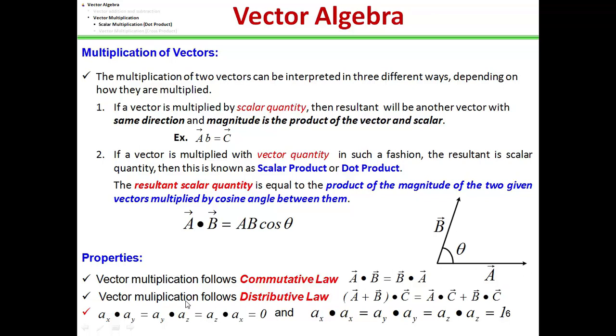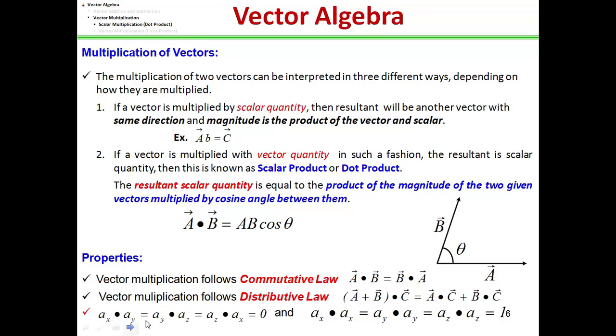Thus mathematically, the scalar projection of B onto A is in the direction of A. Here some basic rules are given: the unit vector Ax dot product with unit vector Ay will be equal to 0, because the angle between the unit vectors of x and y is 90 degrees, so cos 90 will be 0.